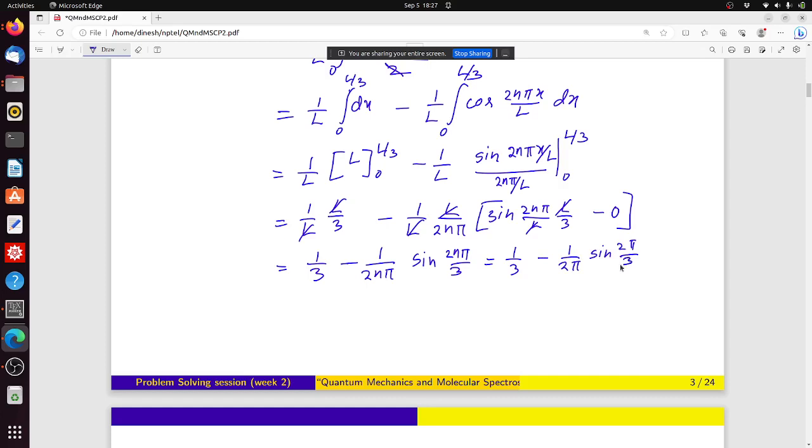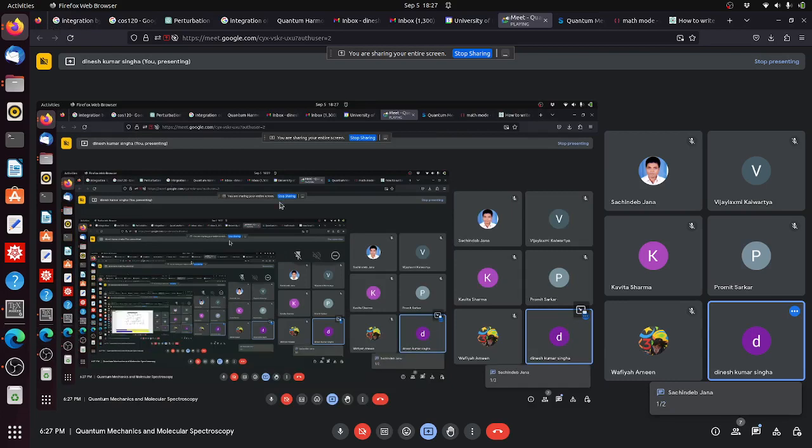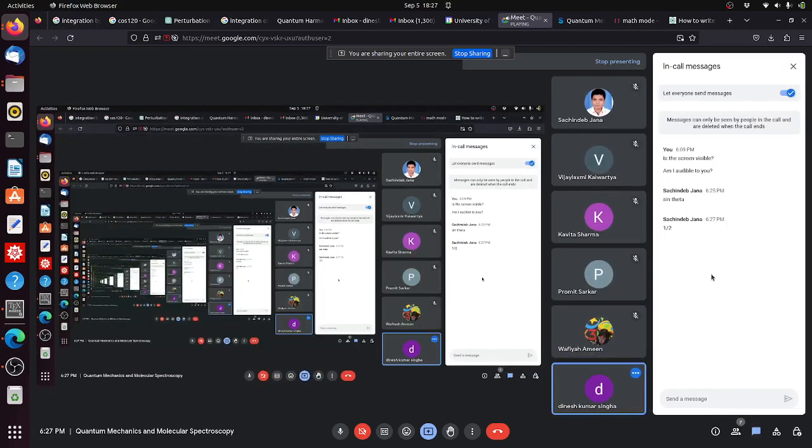What is the value of sine 2 pi over 3? Sine 2 pi over 3 is how much in degrees? 2 pi over 3 is how much in degrees? Is it half?